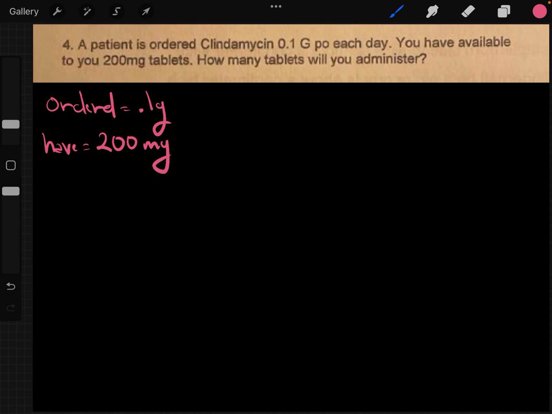So we're going to go from grams to milligrams. When going from grams to milligrams, we're going to move the decimal point 3 times. So since we're going grams to milligrams, we're going to start with this 0.1. We have to move that decimal point 3 times. So 1, 2, 3. That leaves us with 100 milligrams.